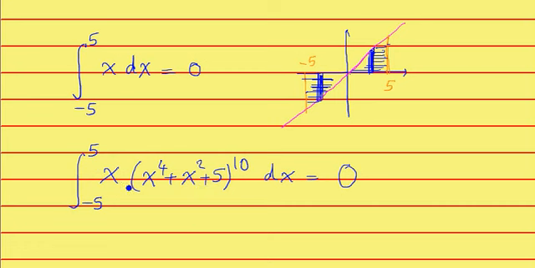If I go from right to left, the value goes from positive to negative. And since my domain of integration is also symmetric, the contributions from the left and right cancel each other out, and the net integral will be 0. So these are cases that fall under the application of symmetry to definite integrals.